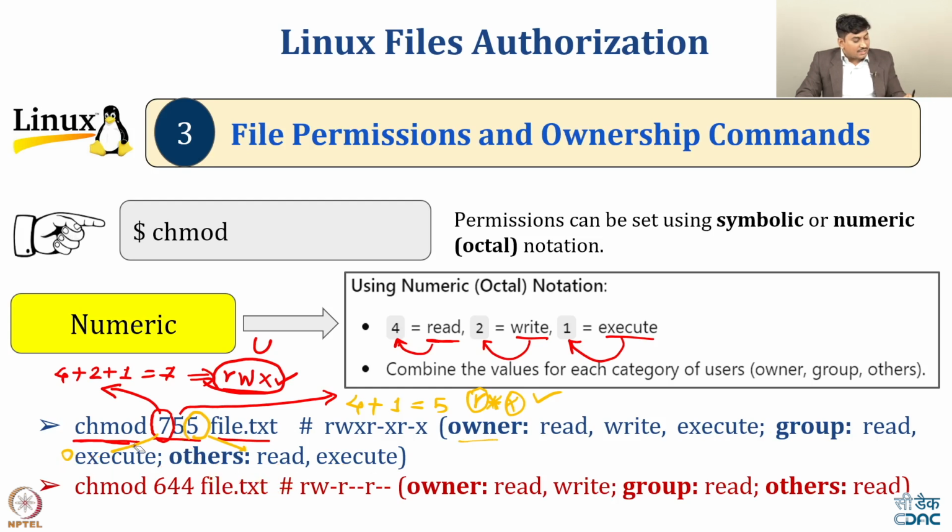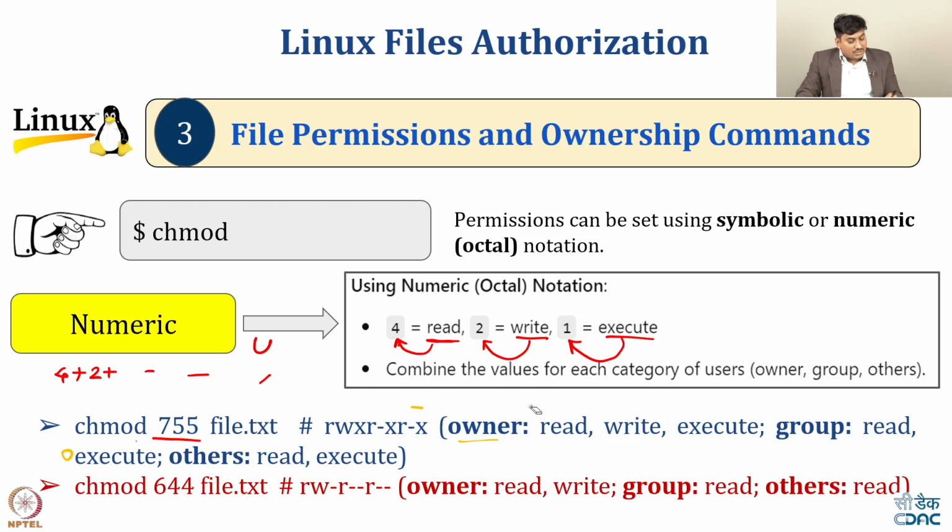Similarly, let's take another example, where for this particular file, for the user, we are giving the owner 6. 6 means that 4 plus 2 is equal to 6, so we have given them the read permission and write permission, but we have not given the execute permission here, right.